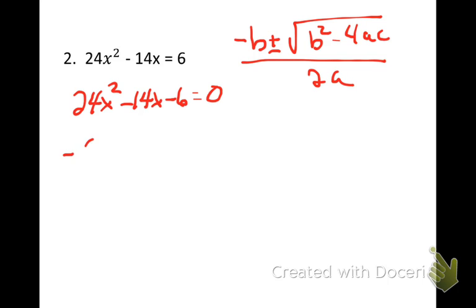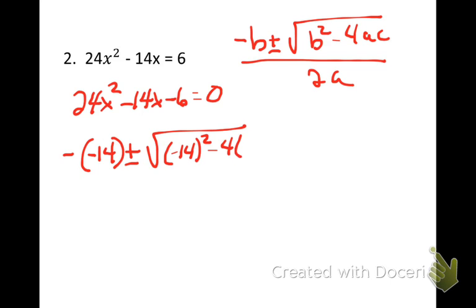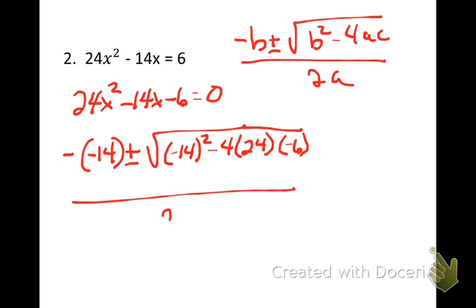So the opposite of negative 14, which is my b, plus or minus the square root of negative 14 squared minus 4 times a, which in this case is 24, times c, which in this case is negative 6, all over 2 times 24.